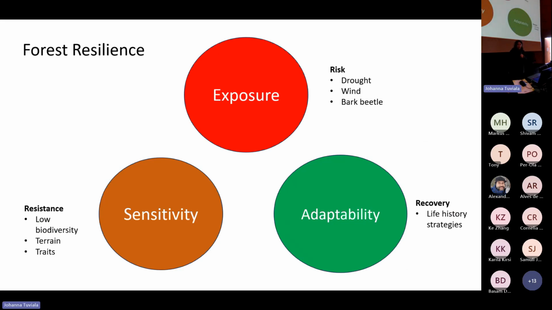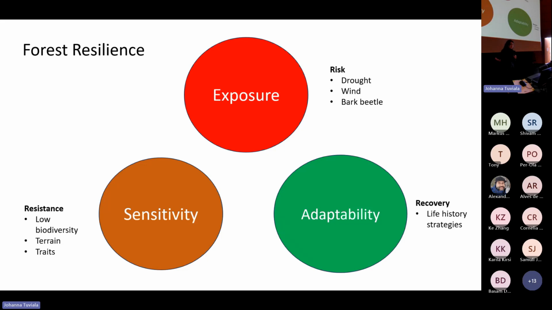It took me some time to figure out a way of thinking of forest resilience. This is borrowed from conservation science, because I think they have pretty good systems for categorizing vulnerability for species. Forest resilience is made up of exposure, the risk, whether that's drought, wind, bark beetle infestations, etc. The sensitivity of that forest, so it could be somewhere that has low biodiversity, particular terrain effects, or the traits of the species in that system.